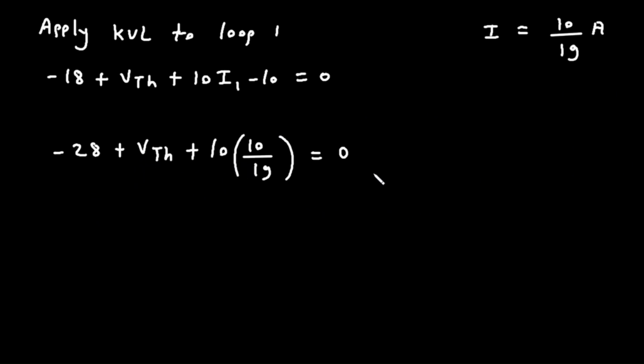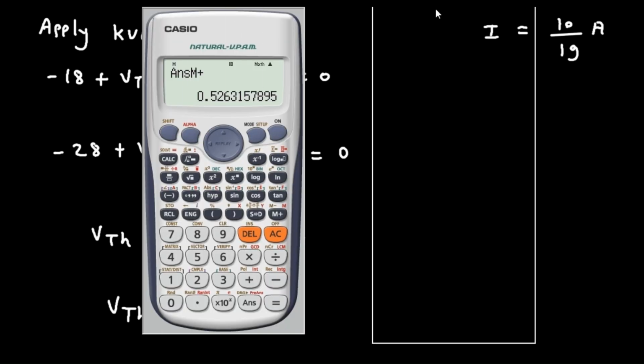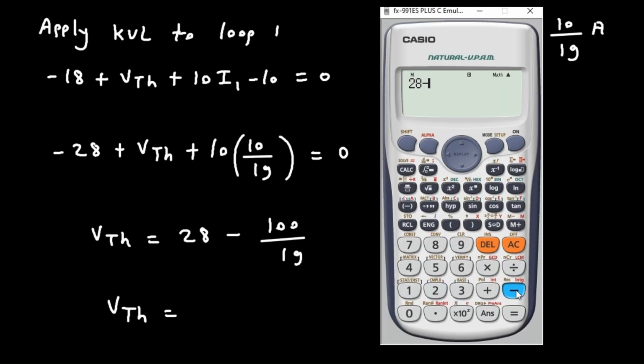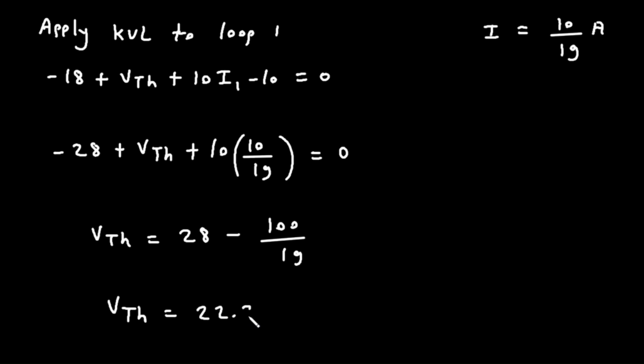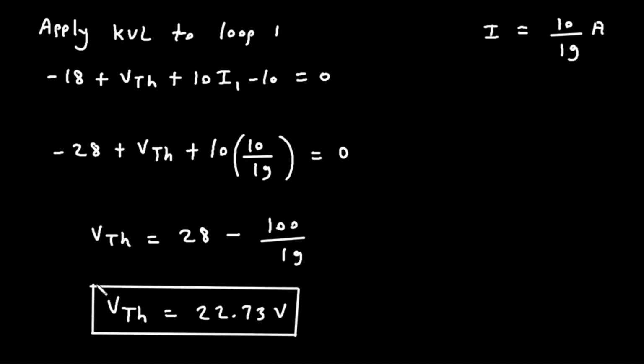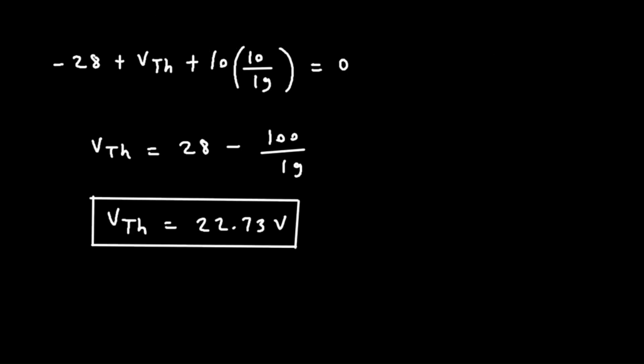Taking this on the right side, VTH is equal to 28 minus 100 divided by 19, since 10 into 10 is 100. So it is 22.73 volt. Now we got the value of VTH, and we also got the value of RTH.